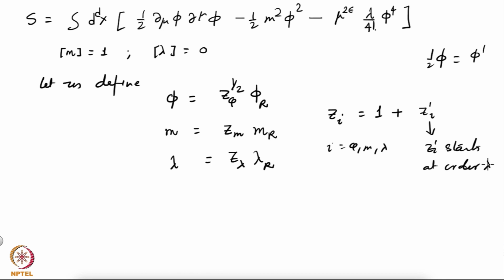So I'm saying that instead of working with phi, I want to work with phi r. Here there is some change in the normalization of the field. I'm just changing the normalizations of the field and of these m's and lambdas, and I've introduced these factors. I say that these factors are of this form: 1 plus zi prime. Like zm is 1 plus zm prime, where the property zm prime has is that it starts at order lambda.